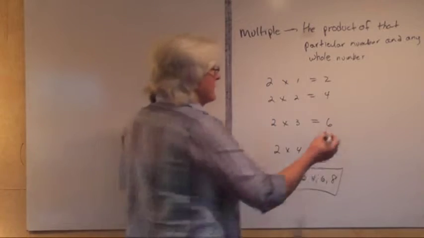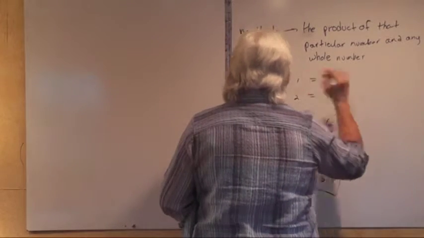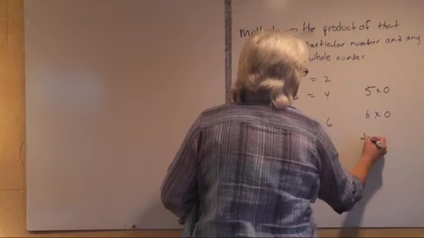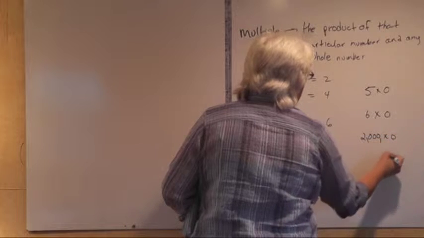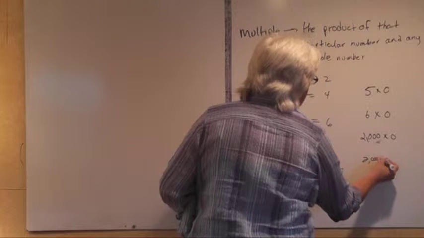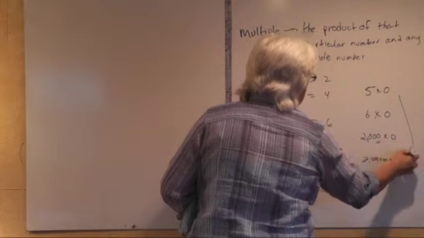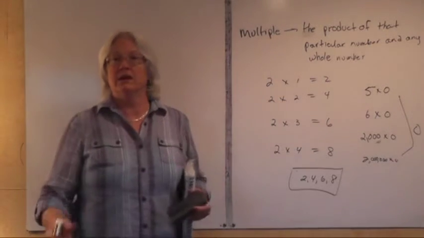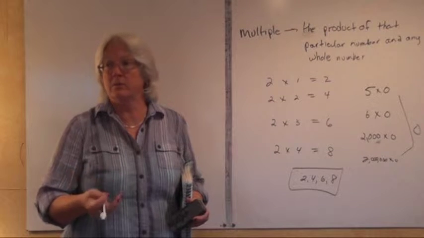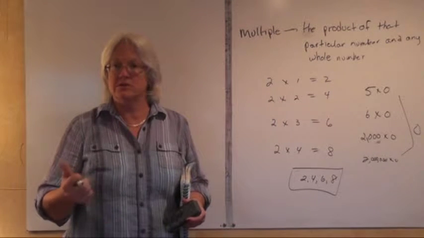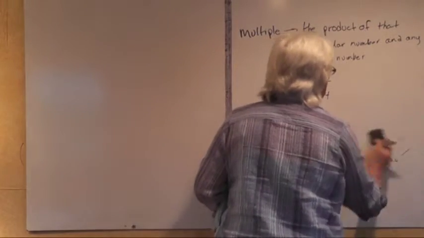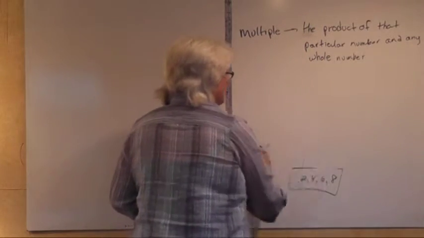Why is that? Because remember from our zero property of multiplication, it doesn't matter what we multiply by 0. What does our answer always equal? When you multiply anything by 0, the answer is always 0. So it doesn't do us any good to say, give me the first 5 multiples of 2, and say 0, 2, 4, because the 0 multiple of any number is always going to be 0.